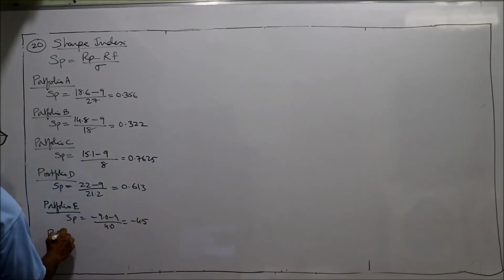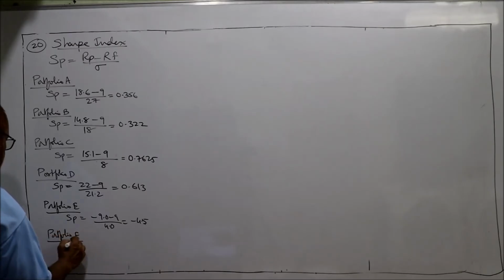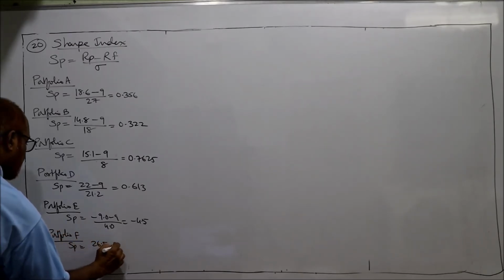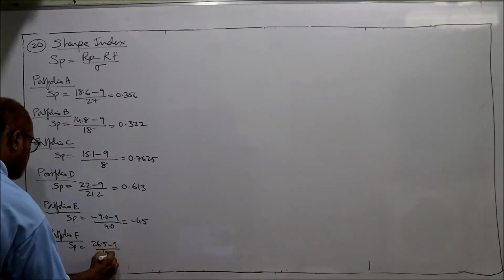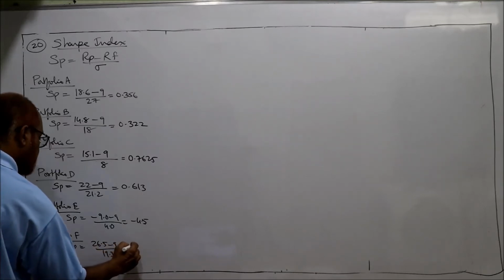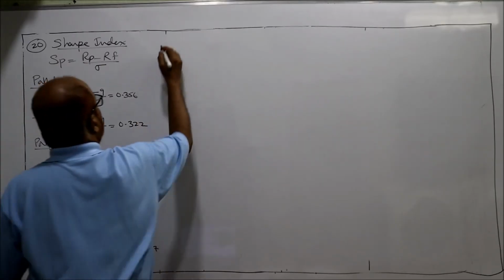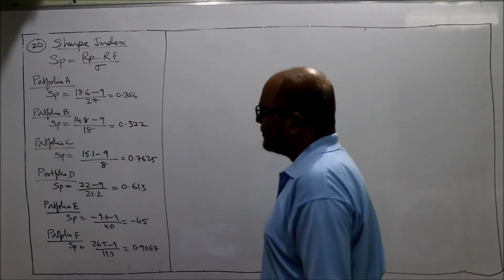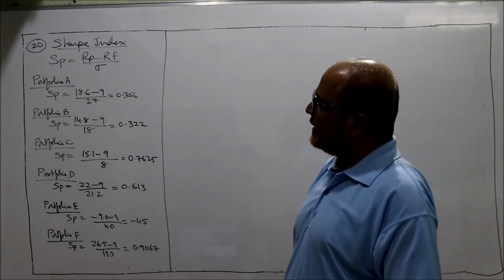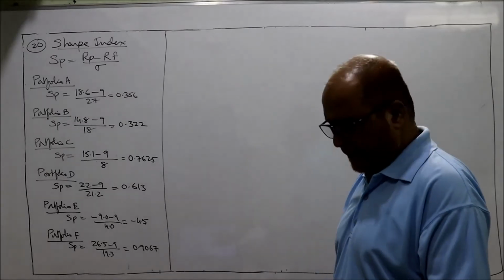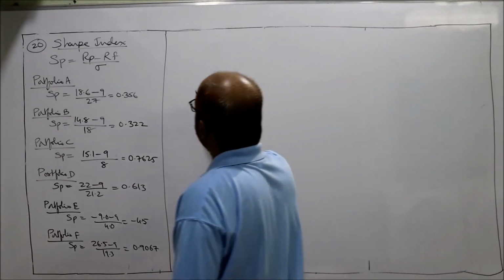Lastly, portfolio F. 26.5 minus 9 divided by 19.3. 0.9067. That's it. So we have calculated the Sharpe's performance index for all the 6 portfolios A, B, C, D, E, F. Now beta.